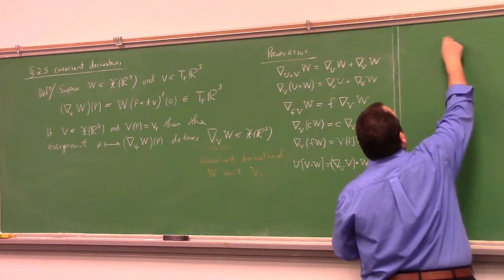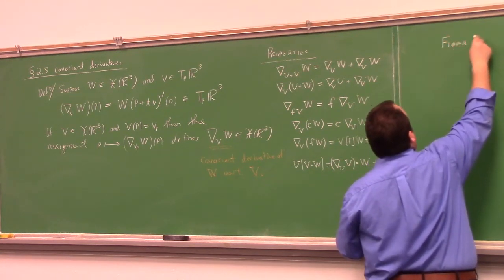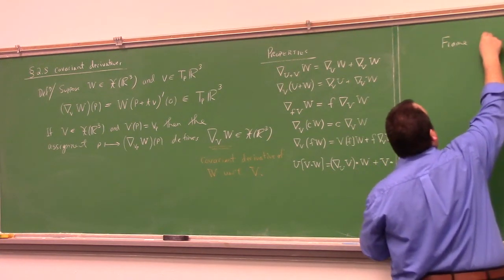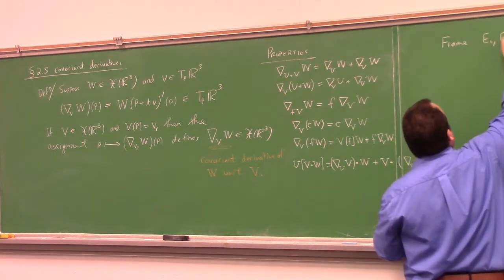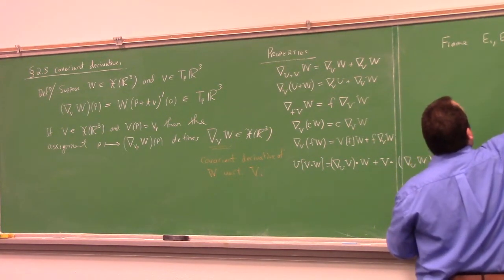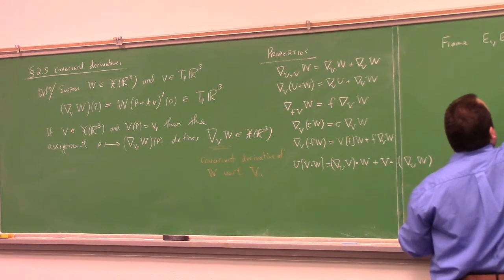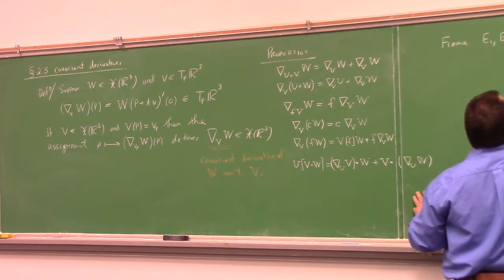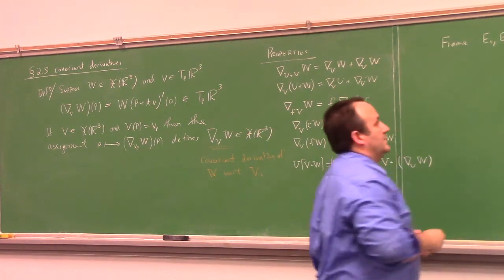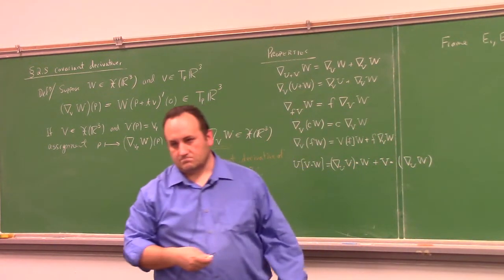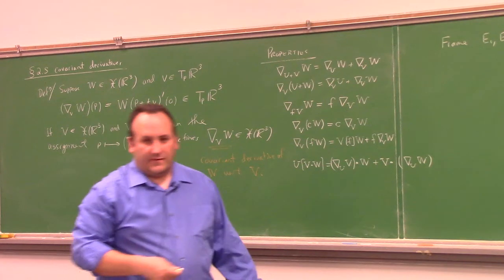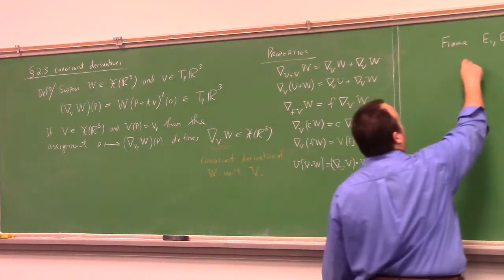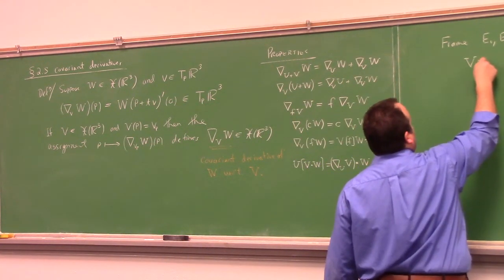So here's the thing. Suppose we have a frame E1, E2, E3, and I'll just talk about a frame on R3 for the sake of discussion. Then you can write a vector field, how?